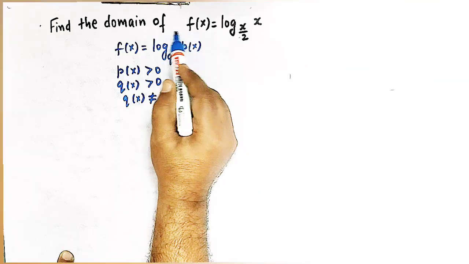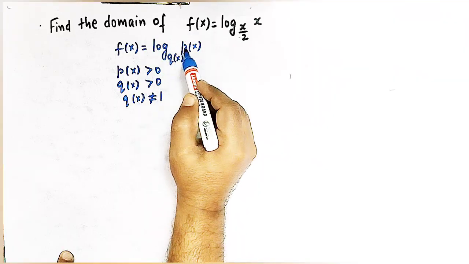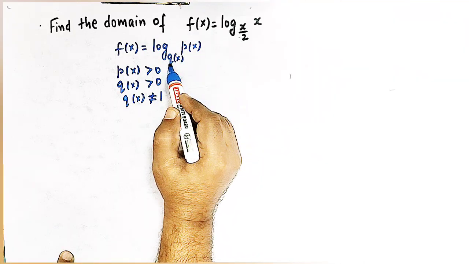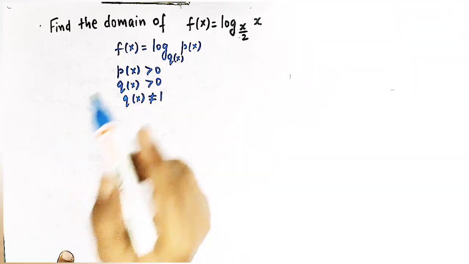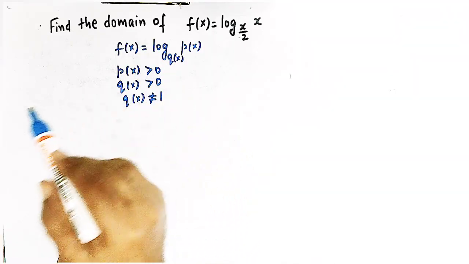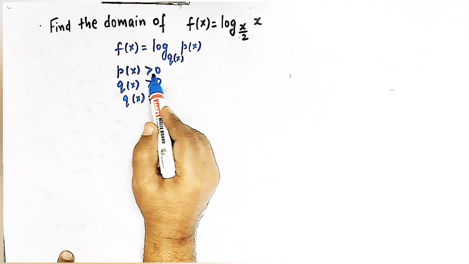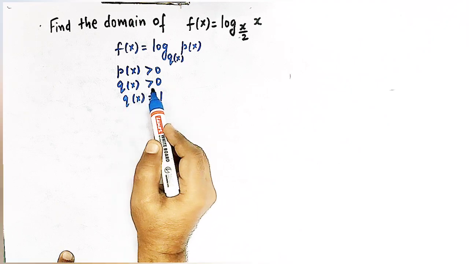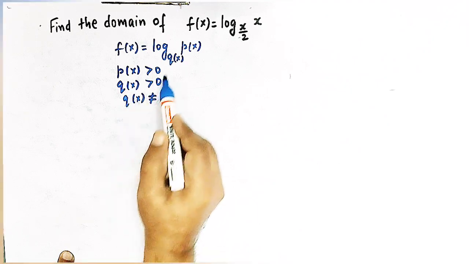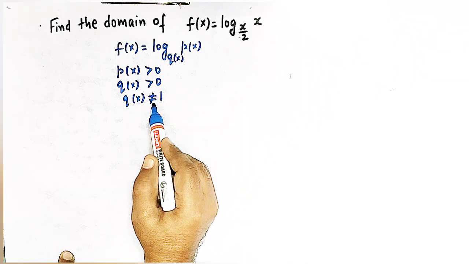So this function, logarithm of p of x to the base q of x, is defined in the set of real numbers only when p of x is greater than 0, q of x is greater than 0, and q of x is not equal to 1.